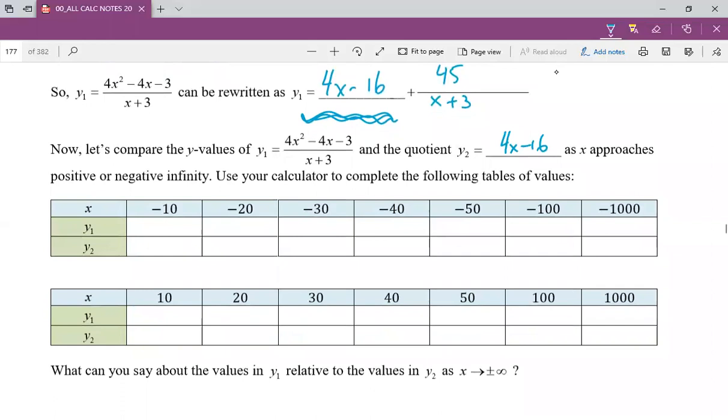We've got a table of values, and we're going to plug negative 10 in for x. For our first function, you should get negative 62.43. For our second function, 4 times negative 10 is negative 40, minus 16 is negative 56. I'm going to let you go through this and complete this table. I'll meet you back here in just a second.